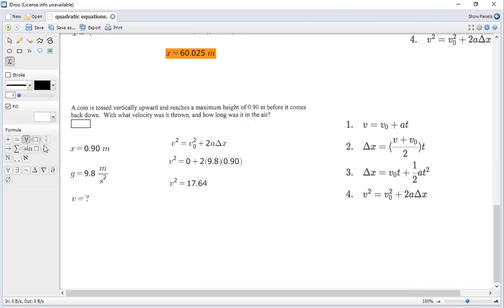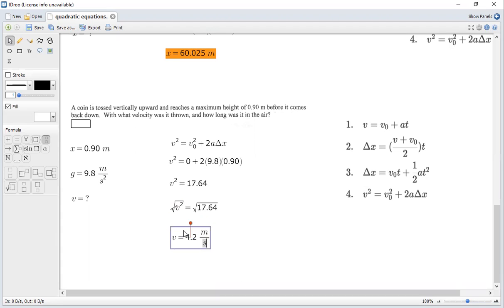Remember, if you have a power of 2, you need to eliminate it. So we put v squared, and on the other side, we also take the square root of 17.64. Take the square root, please. 4.2.